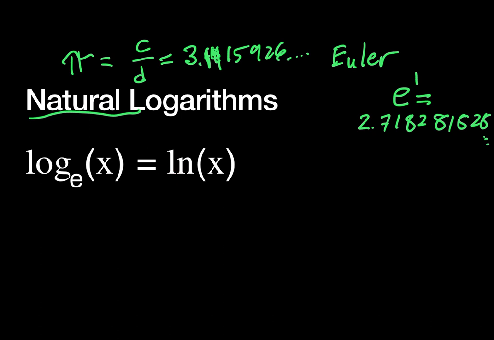So on your calculator, if you see ln, which you will on your phones or on your other calculator, what ln means is natural log of x, or log base E of x. And we'll see a little bit later today where E shows up, becomes part of what we're doing in our curriculum, emerges, if you will. It's discovered that that's really common in certain areas. All right, so that's what the natural log is. And without going into a long history of Euler and the great contributions, just remember E is Euler's constant.